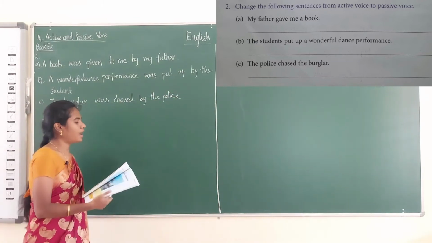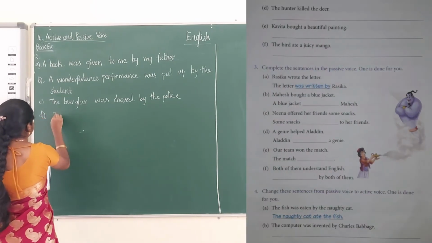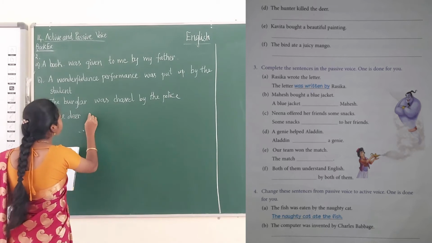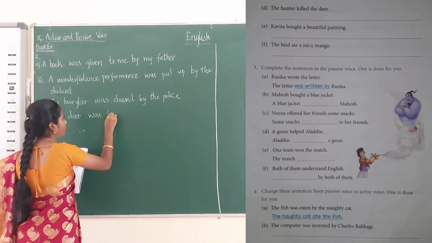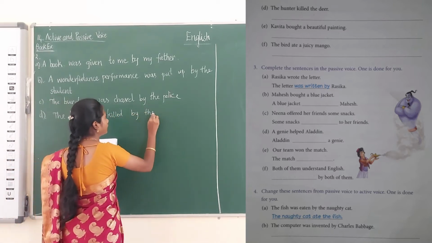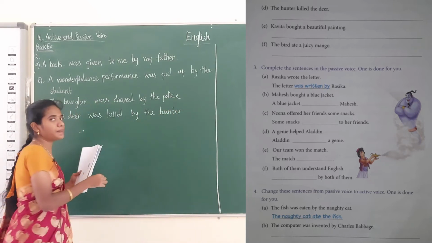See the next one, the hunter killed the deer. The deer. Okay, killed is the past tense. So we are writing was, then the V3 form, was killed by the hunter. Okay, the deer was killed by the hunter.